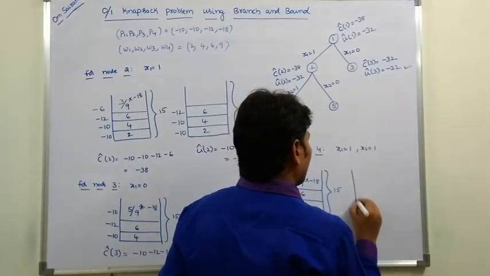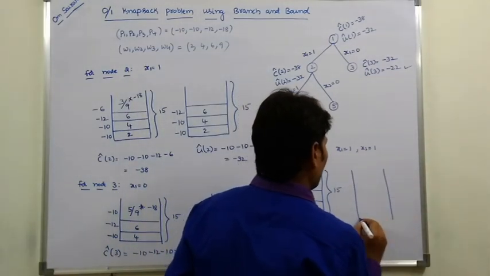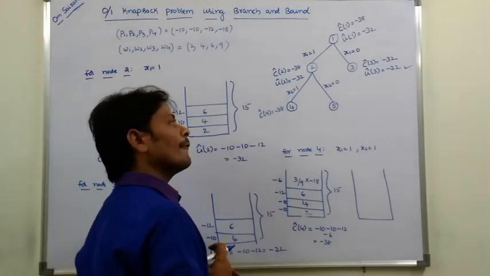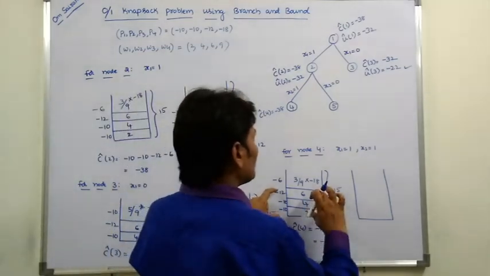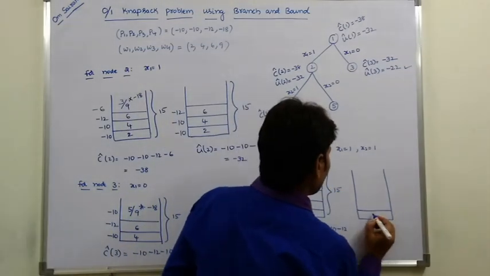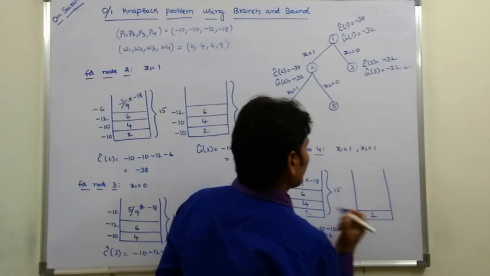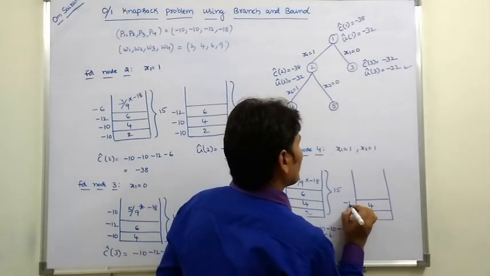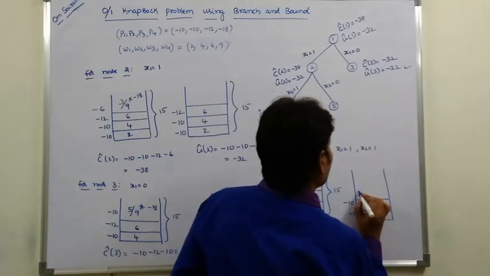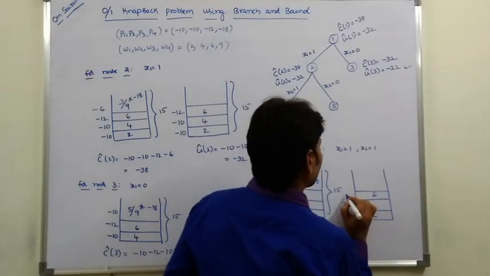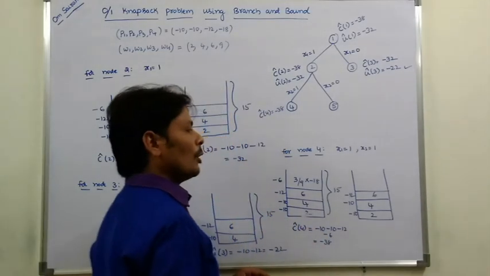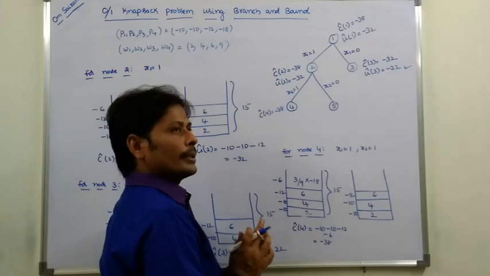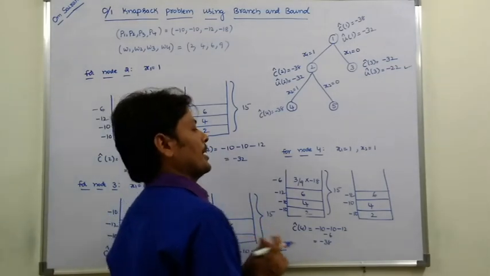Next, calculate U cap. For U cap, we do not allow the fractions. Up to this point, it is okay. The first object is placed into the knapsack, corresponding profit is minus 10. The second object is placed into the knapsack, corresponding profit is minus 10. The third object is placed into the knapsack, corresponding profit is minus 12. We do not place the fourth object into the knapsack because the capacity is not sufficient.